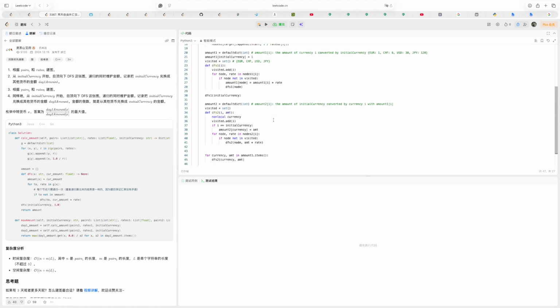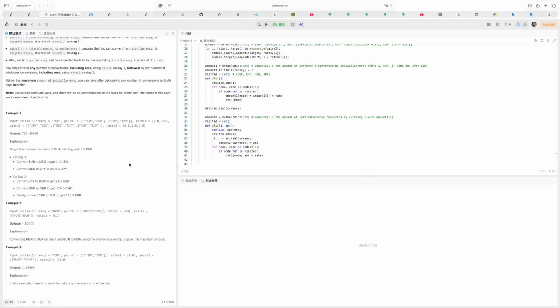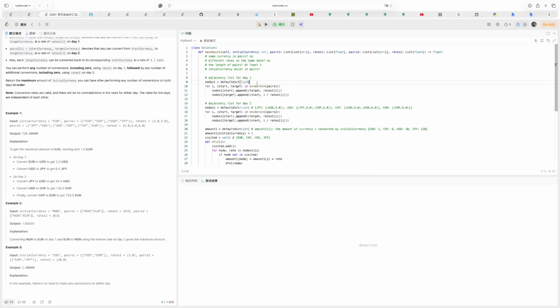Okay, I'll try a dry run. We'll try example 1. So I'll have an adjacency list like euros.